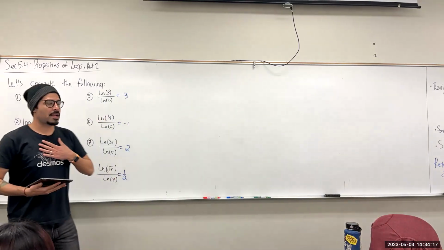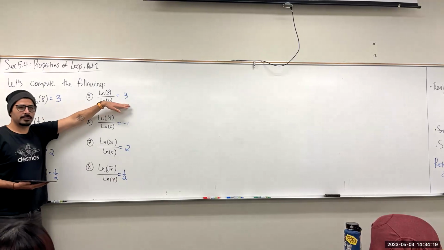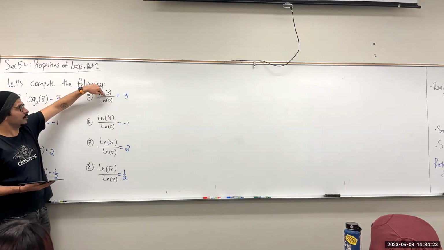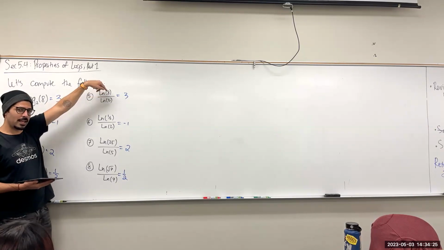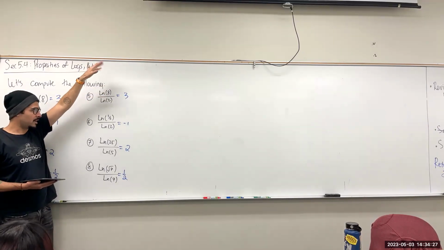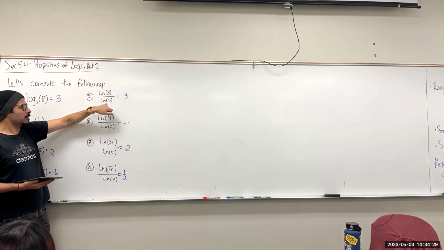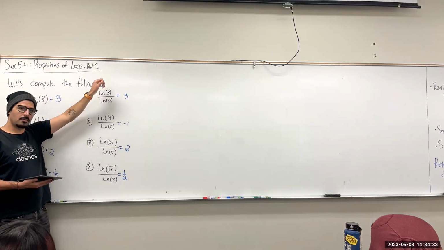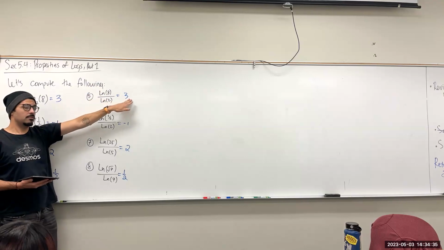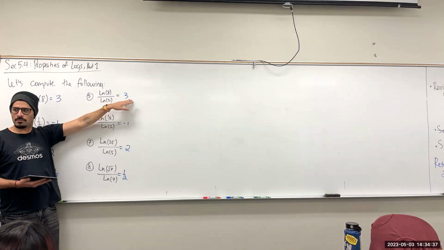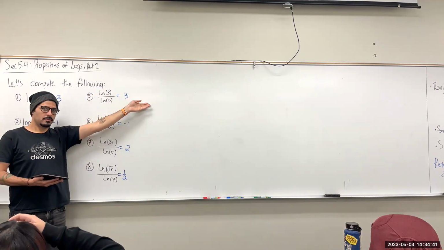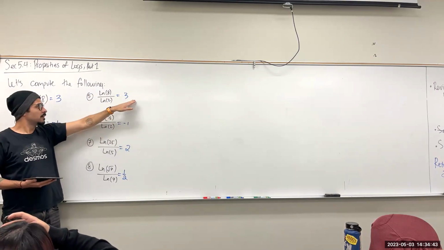The reason I'm saying it's magical is because this is supposed to be some number that you raise e to get 8, and this is another number that e raised to gives you 2. And somehow when you divide those two numbers, it gives you 3. When you divide two irrational numbers, you get 3. I think that's pretty cool.